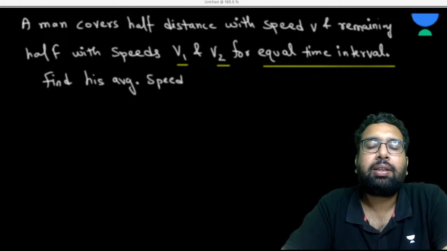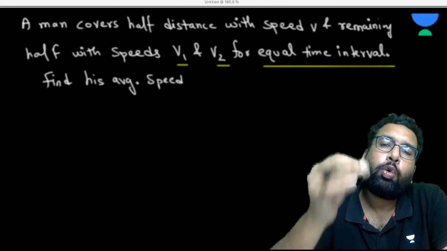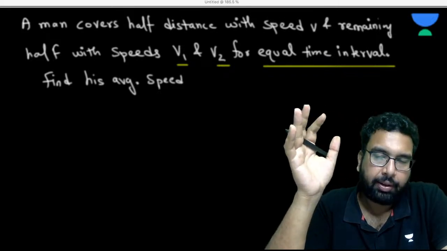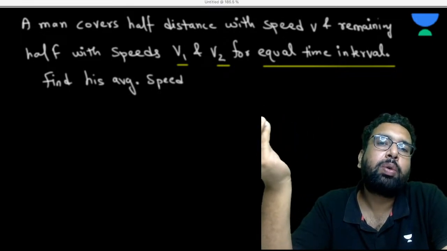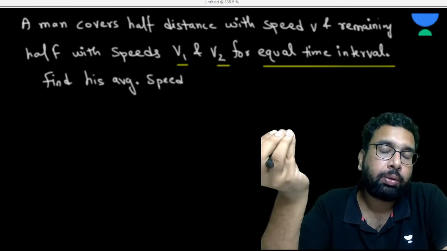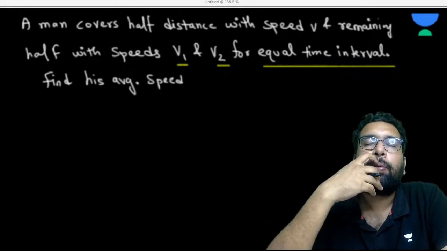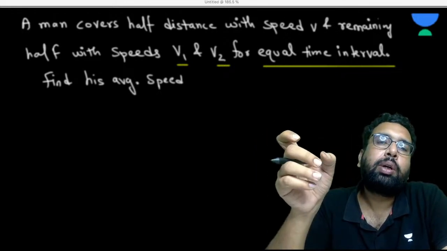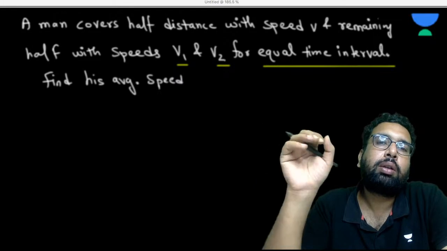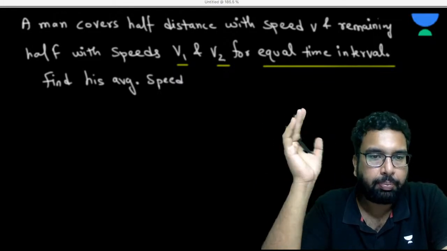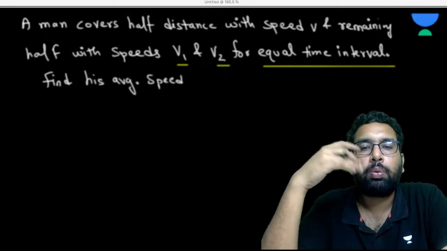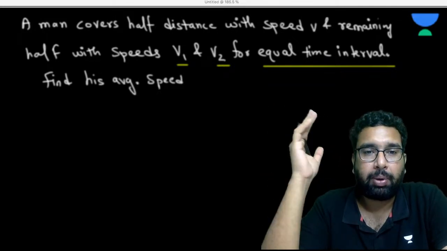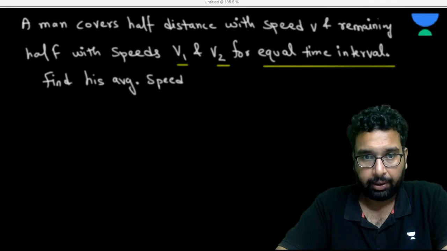Remember, physics is simple only. You have only one formula, right? Average speed is total distance upon total time. Average velocity is total displacement upon total time. This is the beauty of this subject. You have only one formula and you can use that formula to solve multiple questions. Please try it.